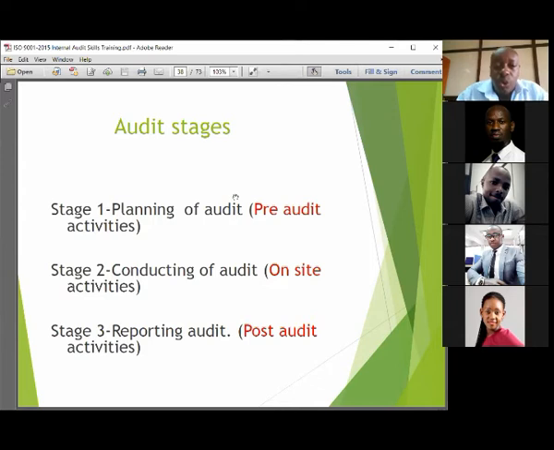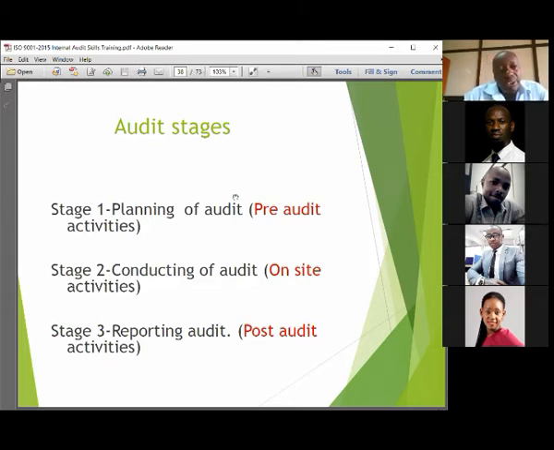Then there is stage two, conducting, so doing what you have planned. Mostly it is done on site. You go to where the process is and you ask your questions. Stage three involves reporting. Yes, you have gone out, you have gathered evidence, now report. Sometimes we call it post-audit activities.